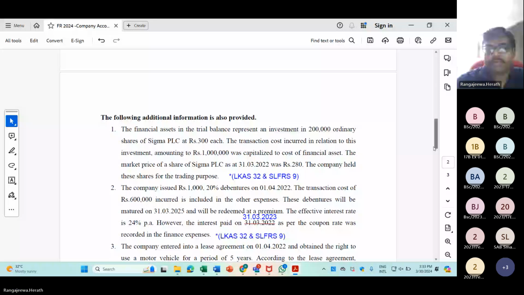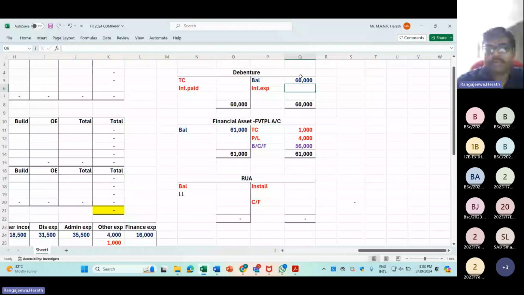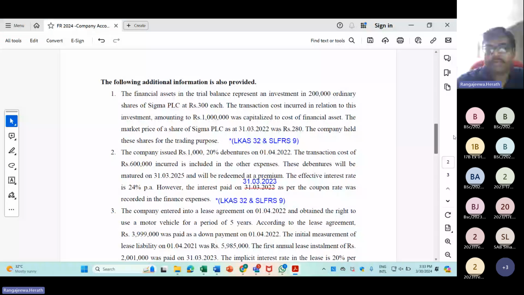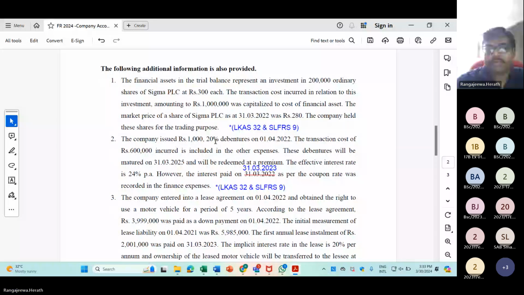And the interest, 20% interest, and the effective interest rate 24%. Coupon rate 20%. Coupon rate interest payment should credit cash and debit financial liability. And effective interest rate expense you should debit P&L and credit financial liability.